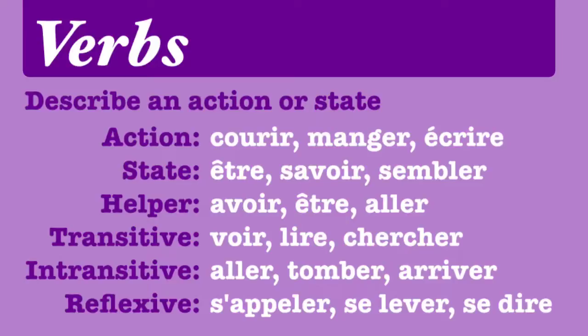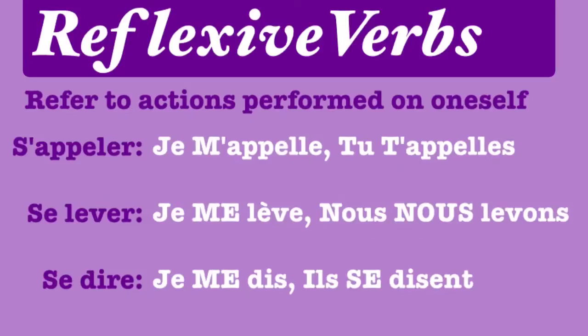So let's take a closer look at reflexive verbs. So here we have our three reflexive verbs, s'appeler, se lever, and se dire. Our first example, s'appeler, means to call oneself or to be named. Appeler on its own means to call, and the s apostrophe, which is short for se, means oneself. So s'appeler really translates as to be named.